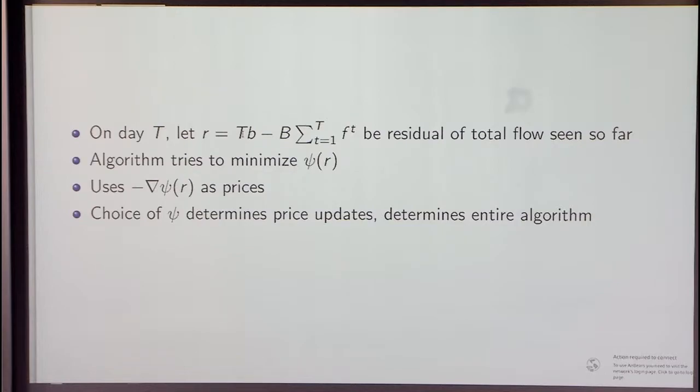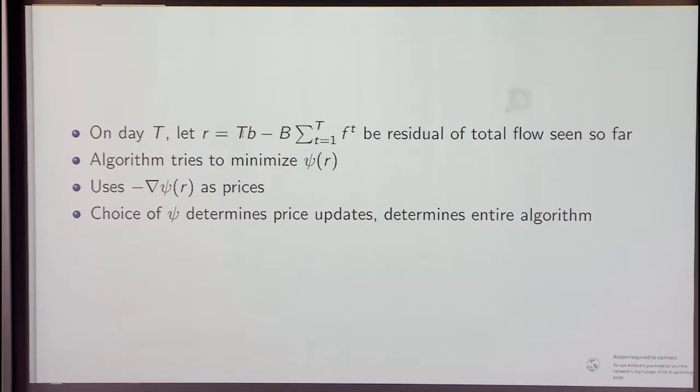T is day T. It's been T days, so if the network routed what we wanted, the net flow would route T times B, since on each day they would route B. So R is the difference between what we wanted versus what they actually routed.